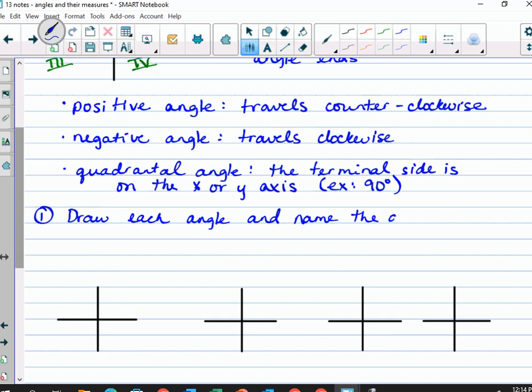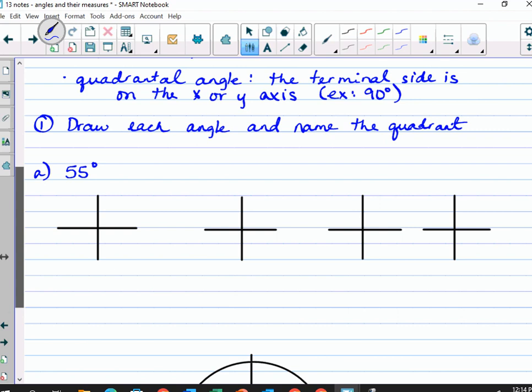So like, where does the angle end up? We'll do A together and then I'll let you try the rest on your own.